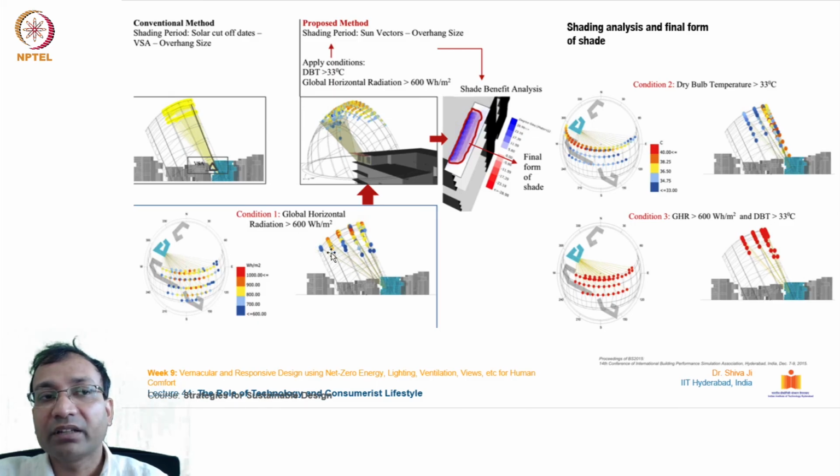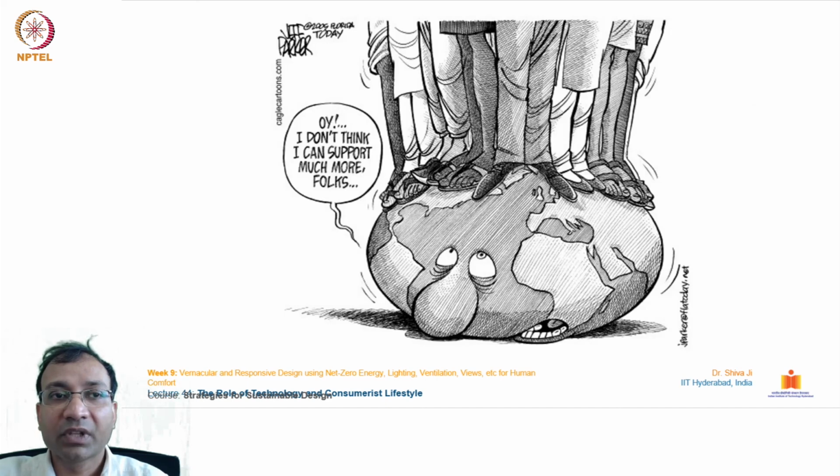Similarly, in these winter months you can see the temperature is below 33 degrees, so the sun can easily penetrate deeper inside the spaces. Here, when the sun is shown in red dots, the temperature is above 40 degrees, so shading will be required. This kind of analysis can be done through this site.